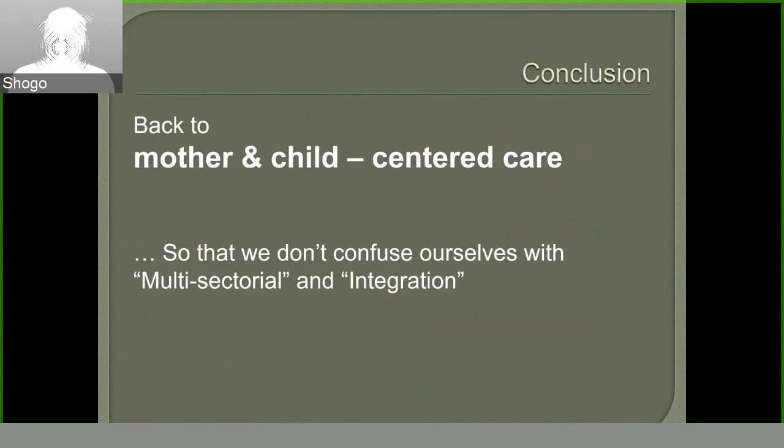Only when I started working in public health, I started talking about multisectoral and integration and coordination. So even when we design a bigger picture, the point of delivery is where we need to start to design this coordination mechanism.